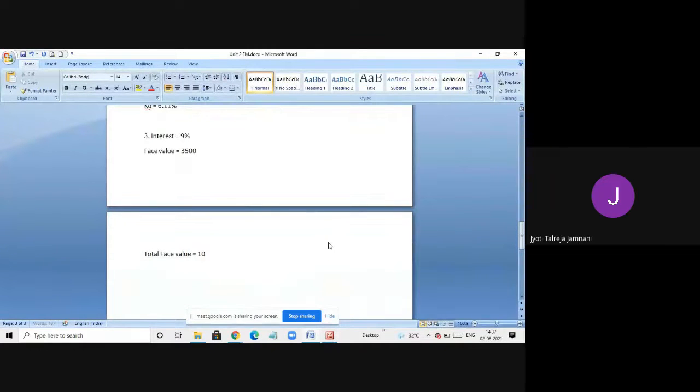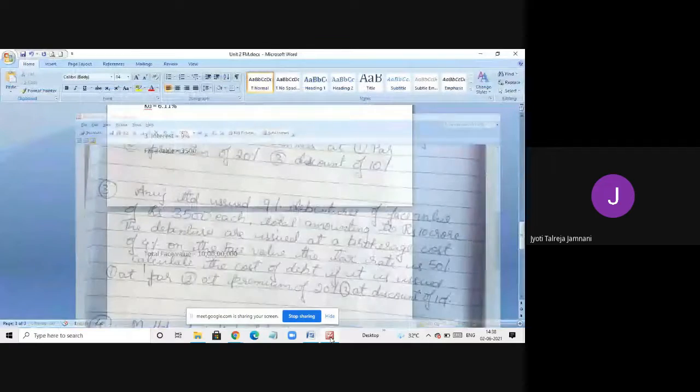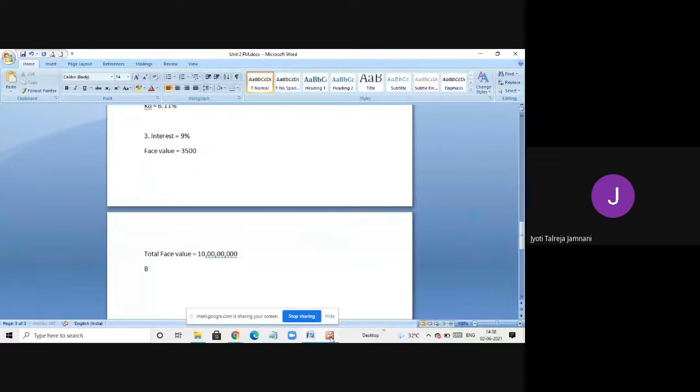So 10 crores. The debentures are issued at a brokerage cost of 4%. So here, instead of cost of issue, they have given you brokerage cost, 4%.